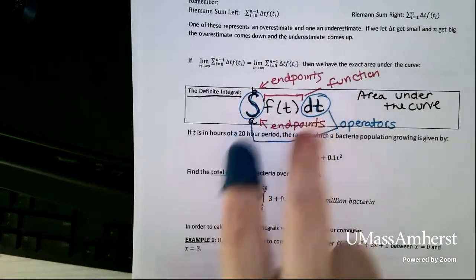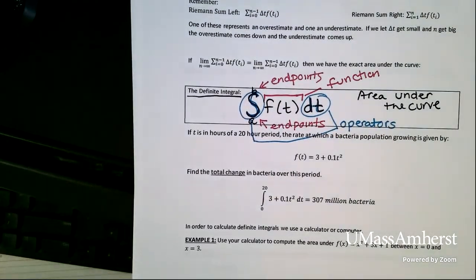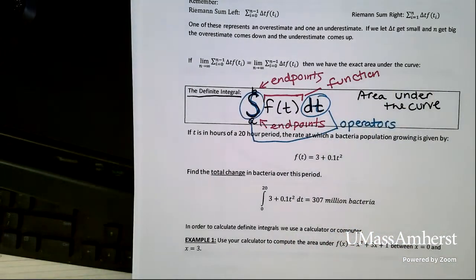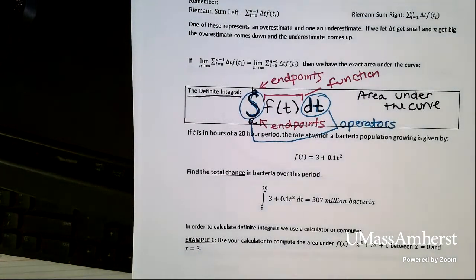So once we've calculated the area, we get some sort of number on the other side. Okay, for example, if t is in hours of a 20-hour period, the rate at which the bacteria population is growing is given by f of t equals 3 plus 0.1 t squared.